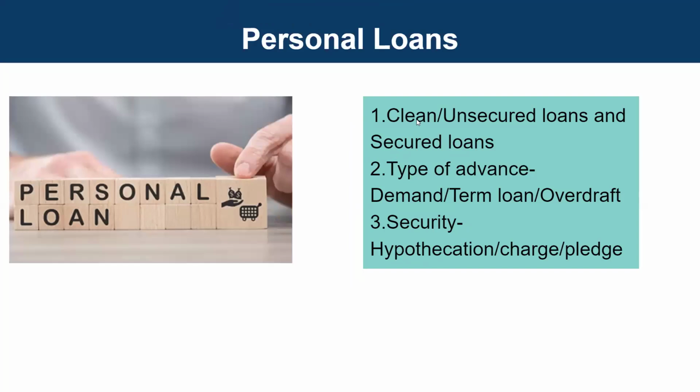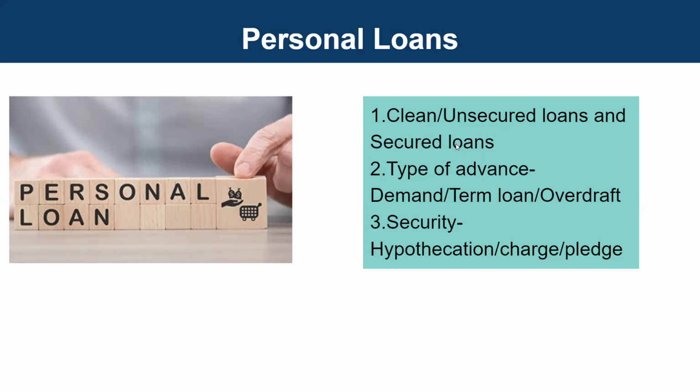Personal loans. Personal loans are basically unsecured in nature and are backed by personal enterprise or guarantees. The purpose usually will be either for clean unsecured loans or secured loans. Under the clean unsecured loans, we have marriage expenses, medical expenses, education of self or spouse, or repairs or renovations, etc. When it comes to secured loans, it is to meet social and financial commitments or purchase of consumer durables.